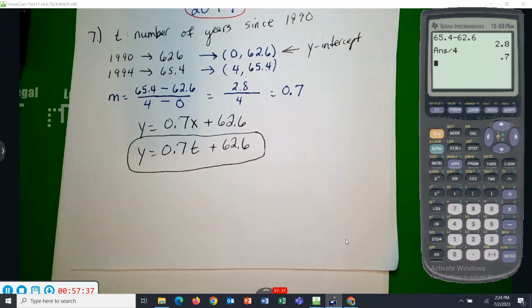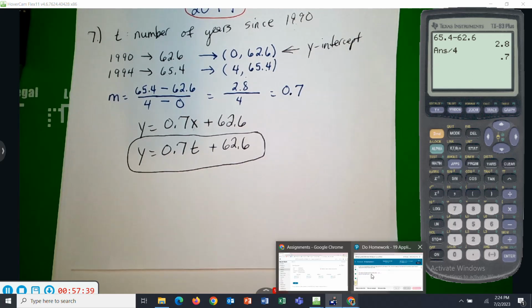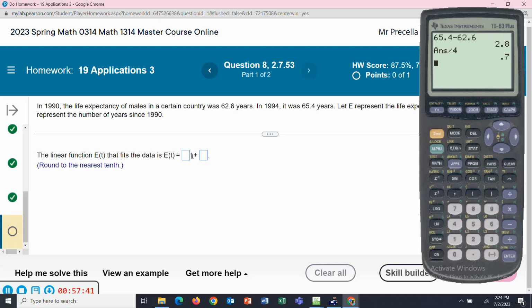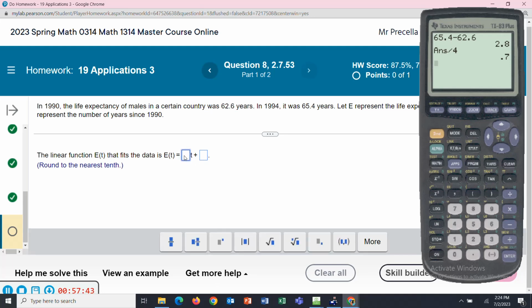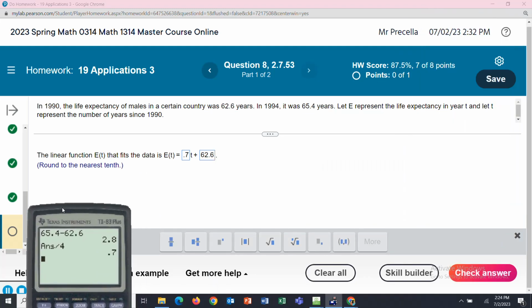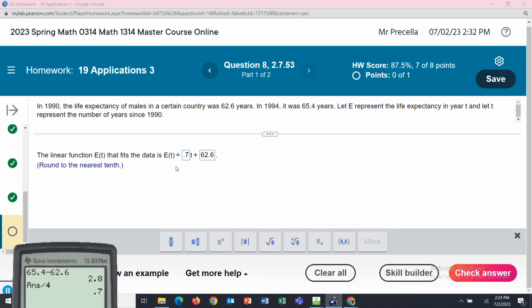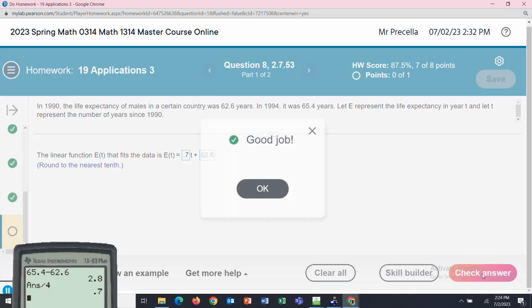Oh, wait, they've already written the t. Okay, good. So whoever wrote this problem, it's very nice to y'all, because that way, if you don't type an x accidentally, you won't wonder why it's saying I'm wrong.